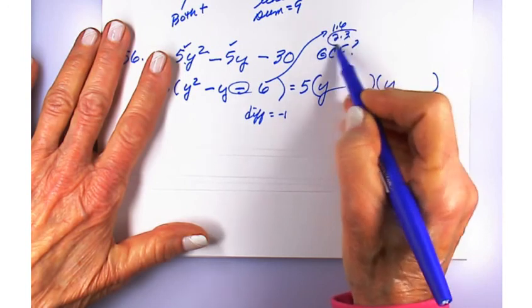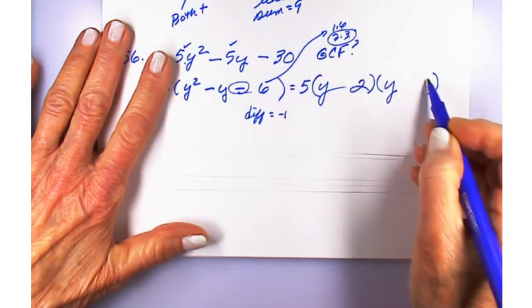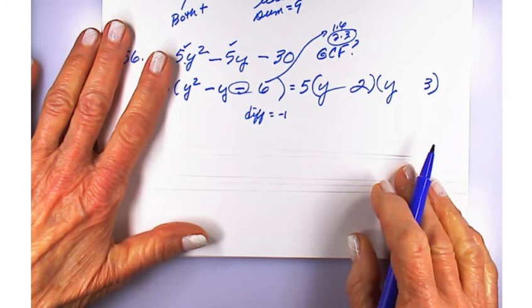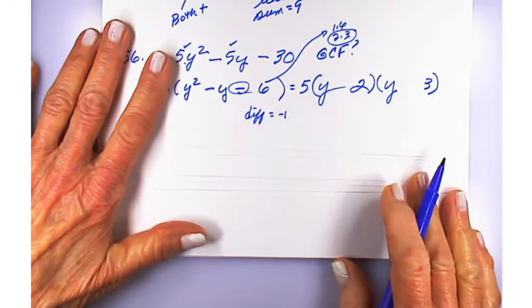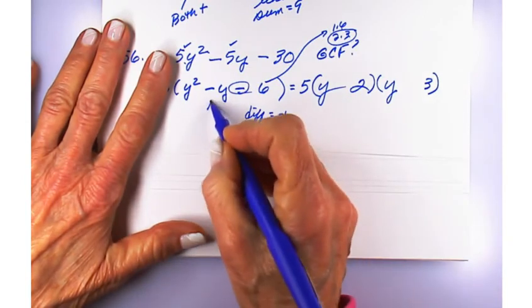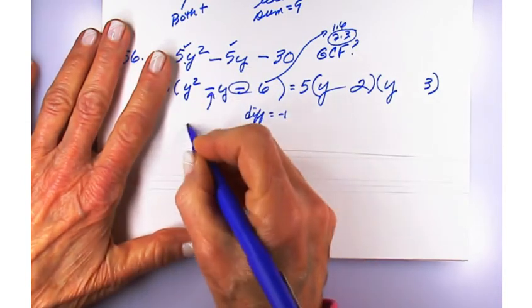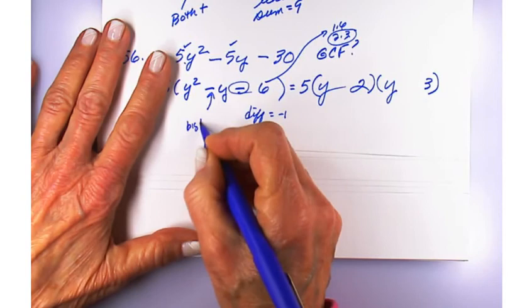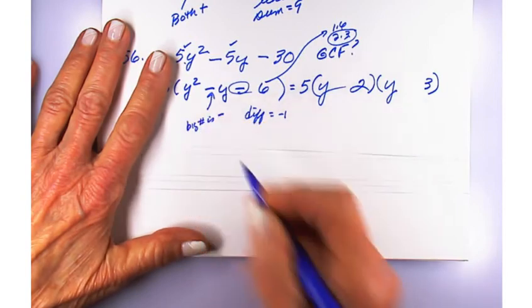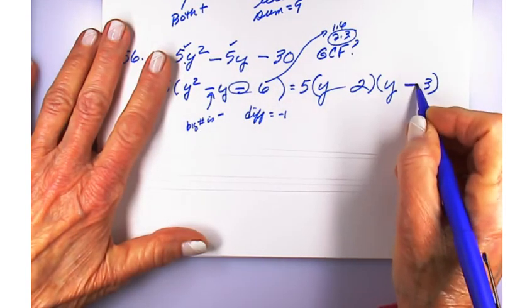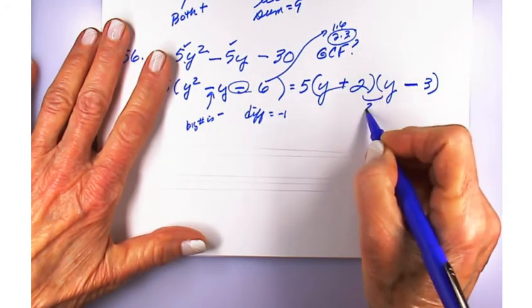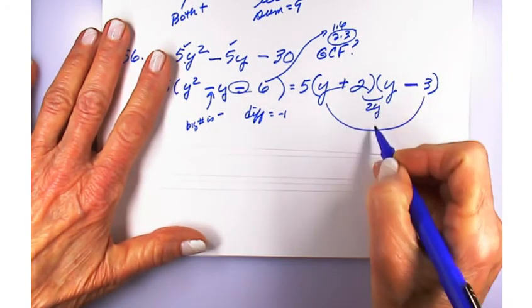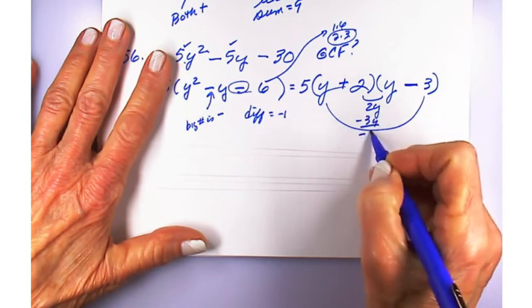So I have a 2 and a 3. I need to know which one is positive, which one is negative. So I look at the middle one. It says the bigger number is negative. So I'll make that negative and that positive.